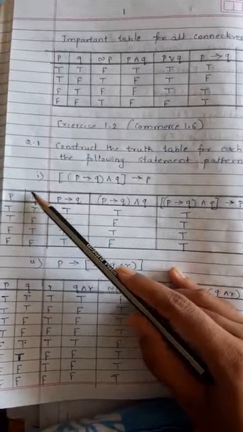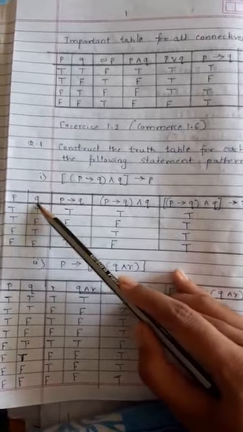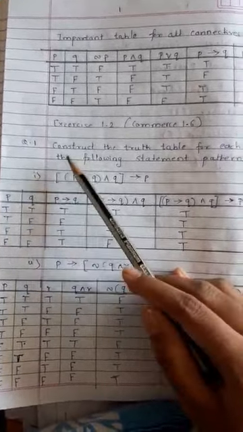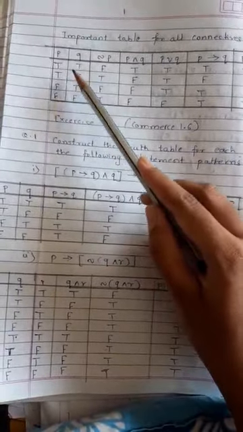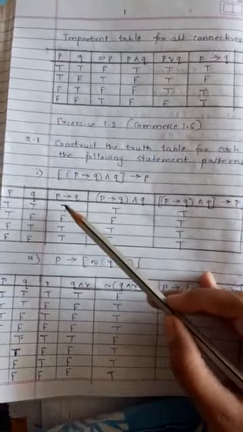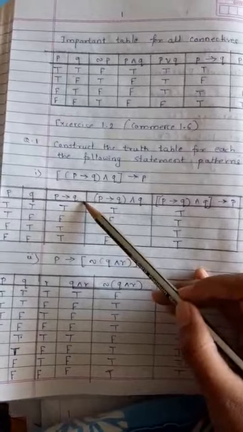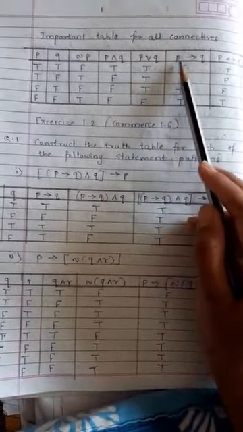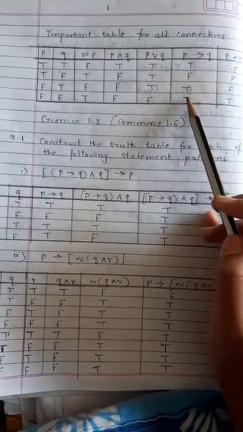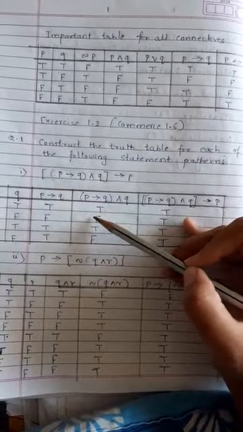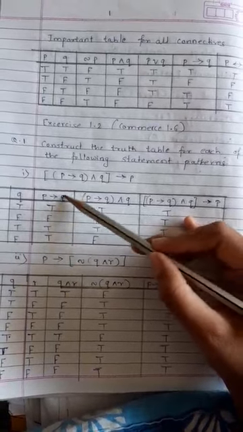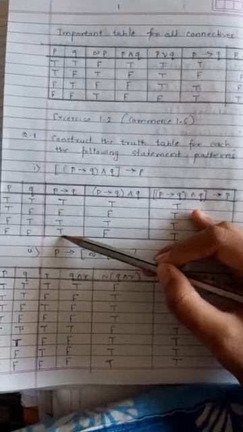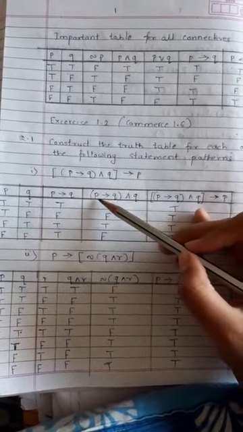So here we have written statements P and Q: T, T, F, F and T, F, T, F. What is our truth table for P implies Q? T, F, T, T. So here we are writing T, F, T, T. Next, what is next?